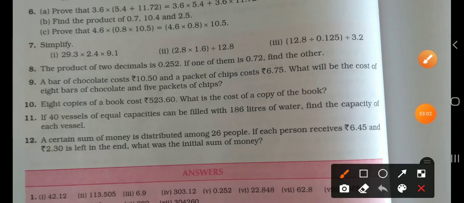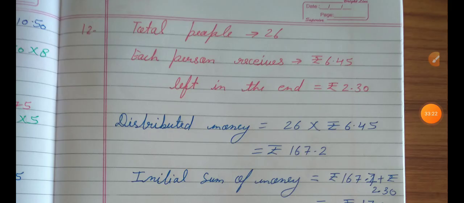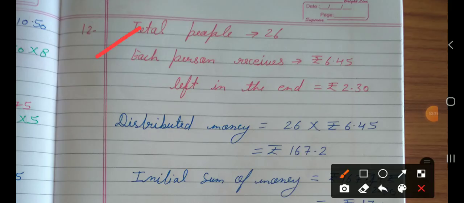Last question is here, 12. A certain sum of money is distributed among 26 people. If each person receives 6.45 rupees and 2.30 rupees is left in the end, what was the initial sum of the money? Total people are here 26.